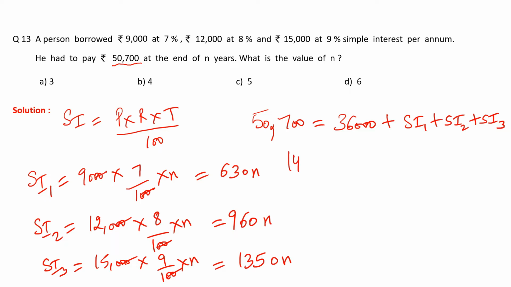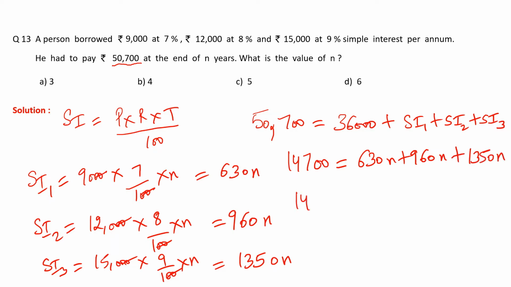So now this equation becomes 14,700, since I have taken 36,000 onto the left hand side. So it becomes 14,700 equal to 630n plus 960n plus 1350 into n.